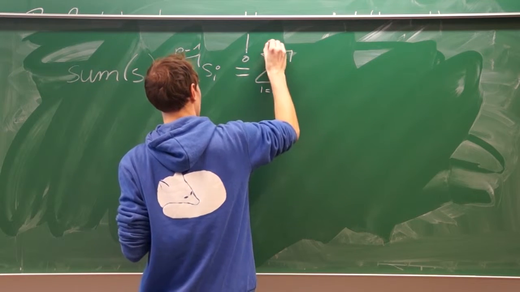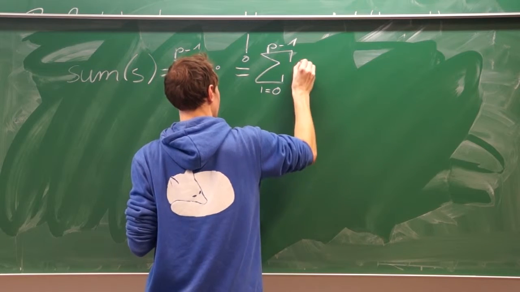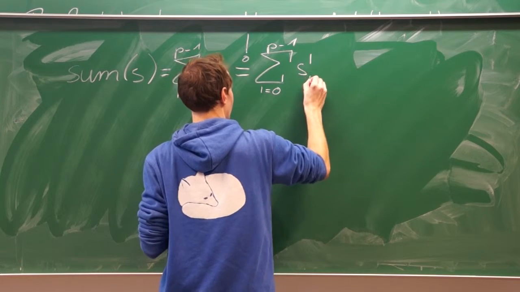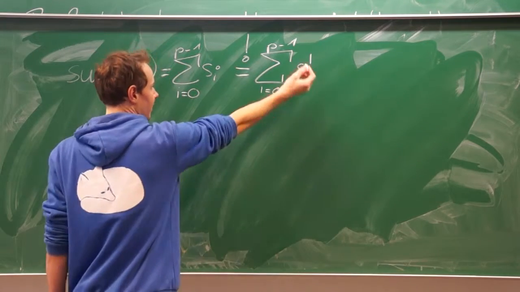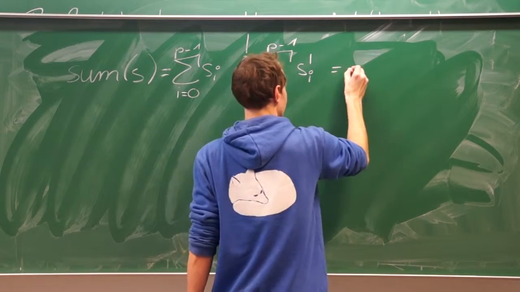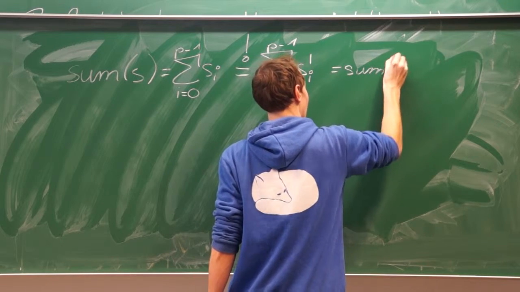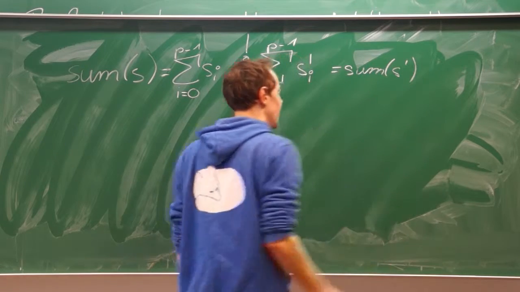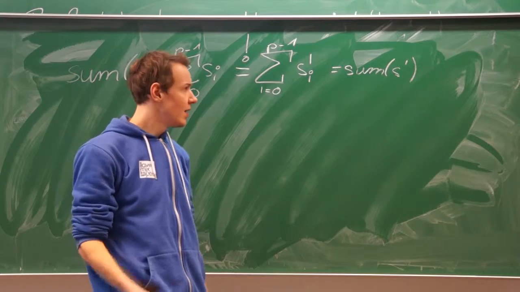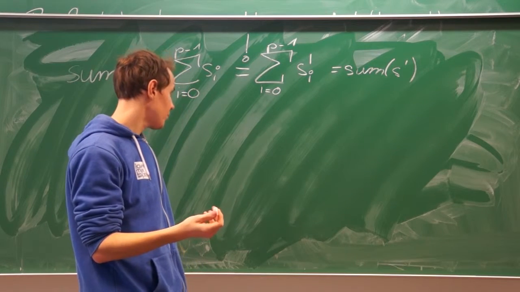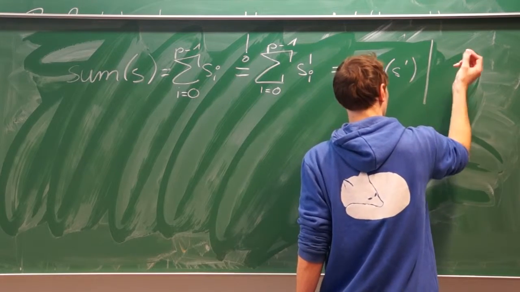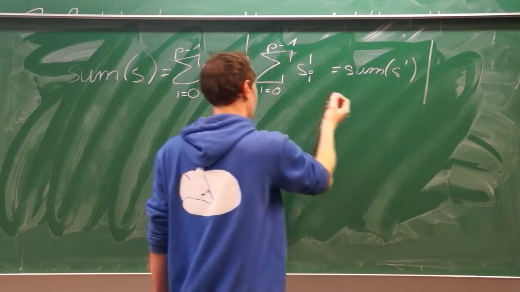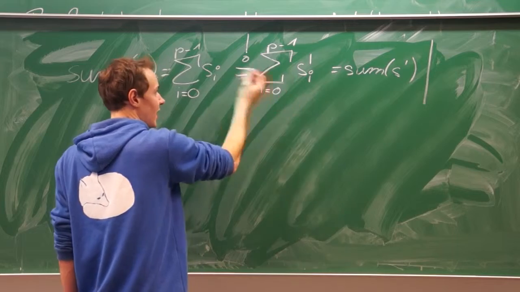So also, we got the same period, and we call it S prime. Okay, and this is the sum of S prime. And now what I do, since I only change two throws, I can subtract all the other throws which are the same.